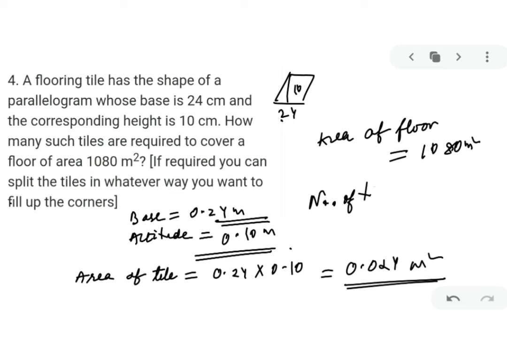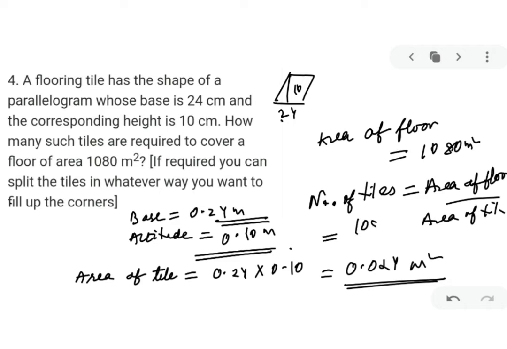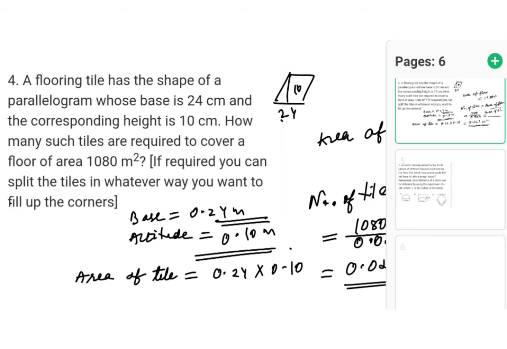The formula will be area of floor upon area of each tile. So that will be 1080 divided by 0.024. Yes, my dear kids, correct? And from there you will divide and get the value of the number of tiles. Clear with this? Okay, let's take our next problem.